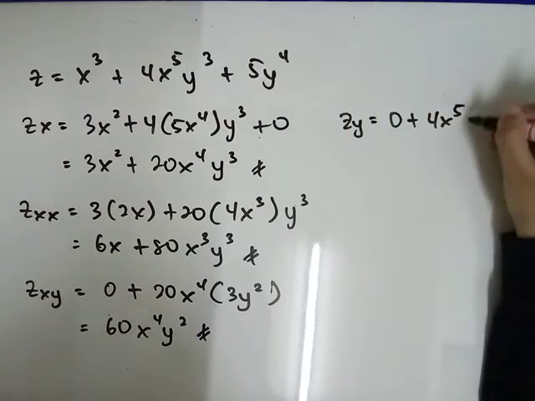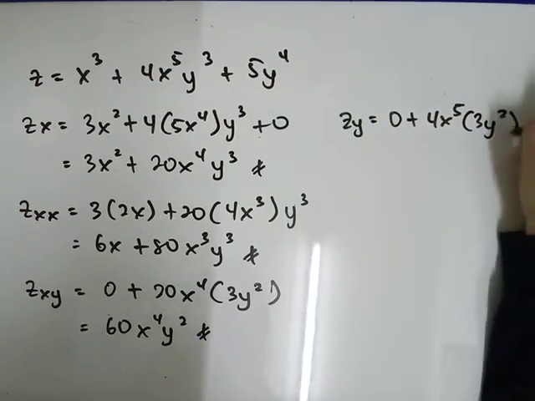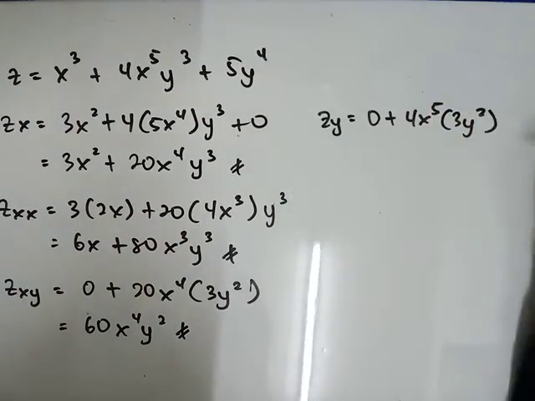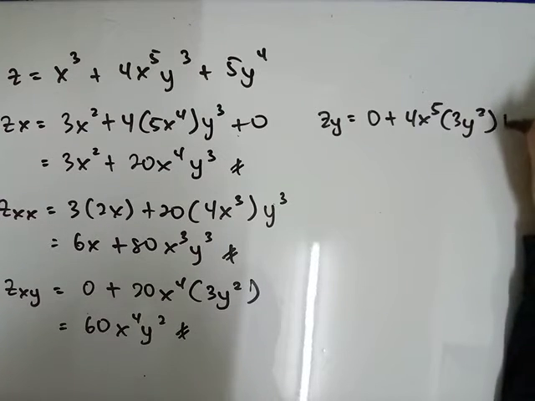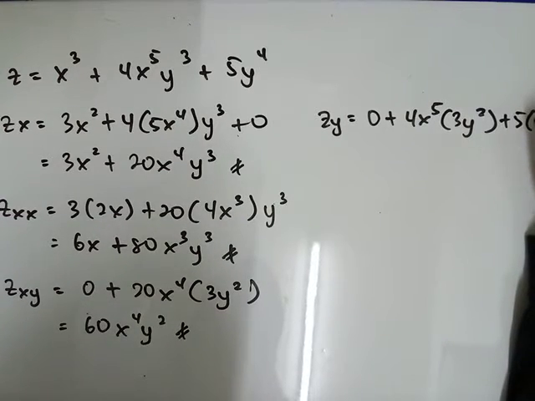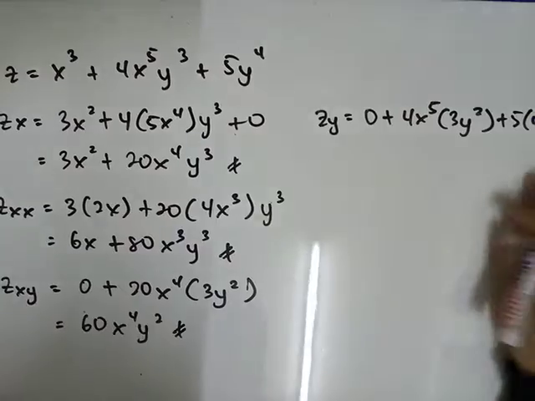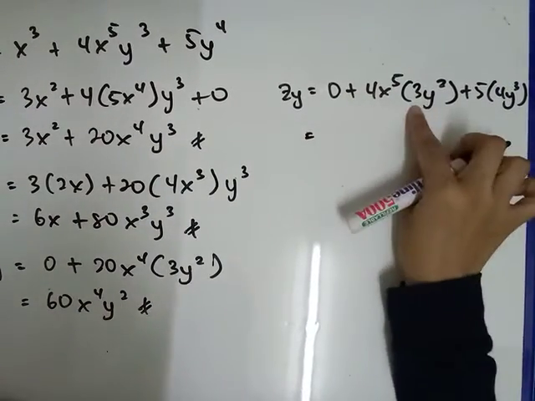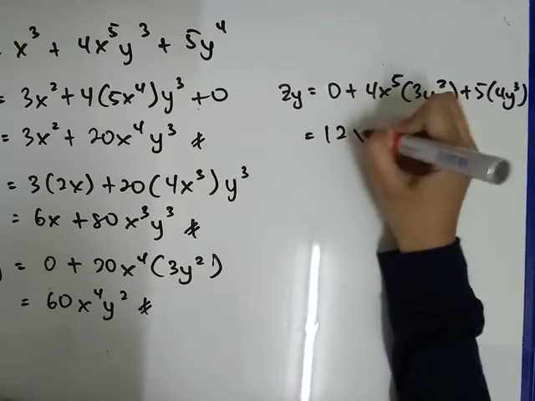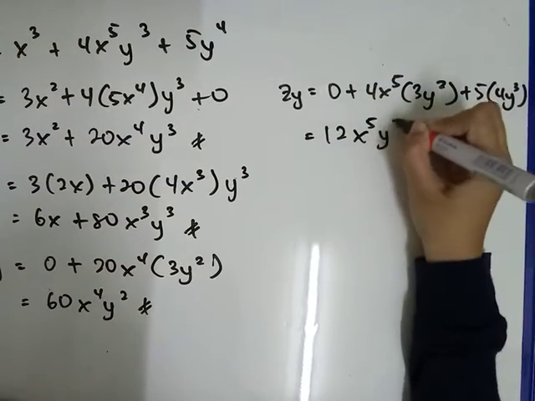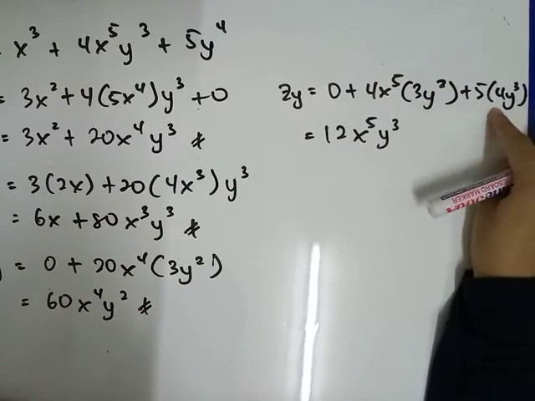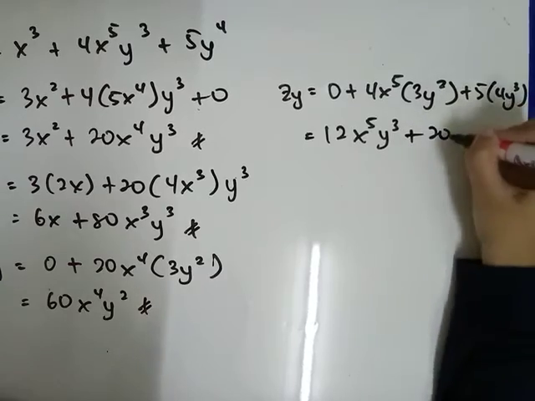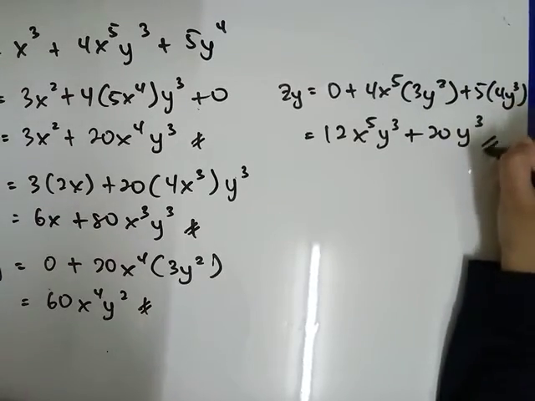Differentiate y cubed, we get 3y squared. Differentiate 5y power 4, we get 4y cubed. And then 4 times 3, we get 12 x power 5 y squared. 5 times 4, we get 20 y cubed. So this is the answer for zy.